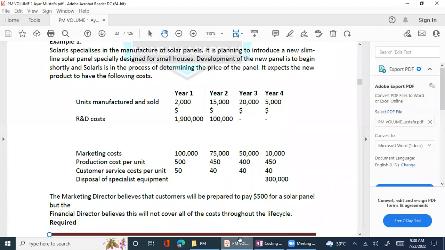Suggested price was $500. So finance director is right that $500 is low. So what is our comment?